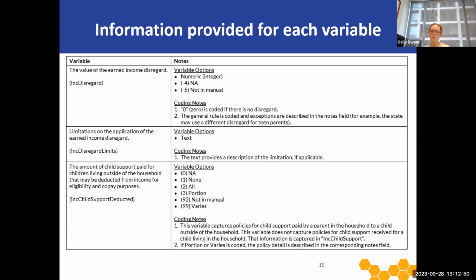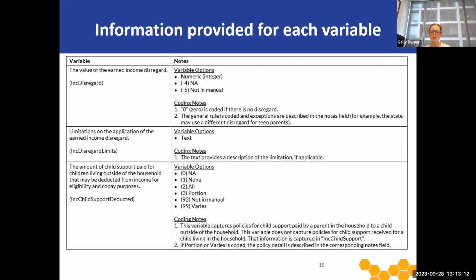Once you've identified variables that you might be interested in, you will need to know what type of information is included in the user guide for that variable. The user guide provides detailed information about each variable in the database, as you can see here on the screen, including the variable name, definition, and coding options.